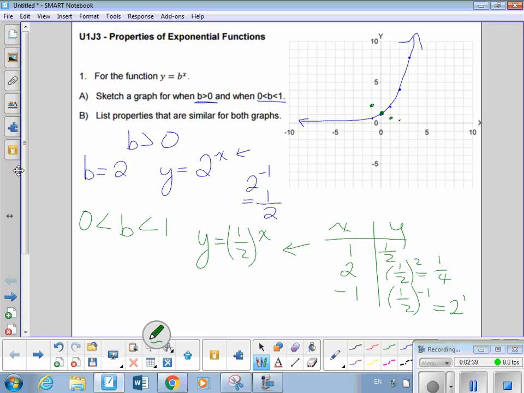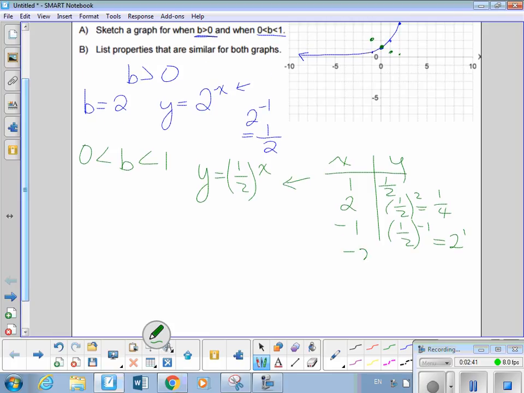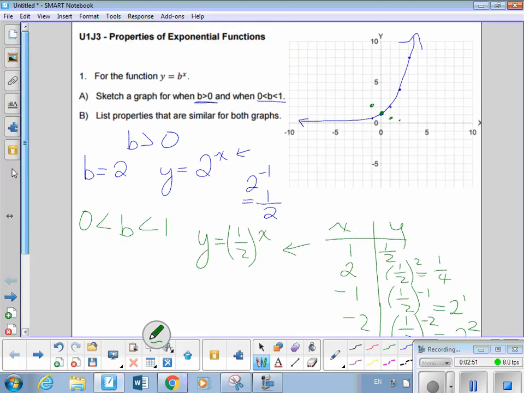The same thing is true if I put a -2. I would end up with 1/2 to the -2, which reciprocates the base, so it would be 2 squared, which is 4. I picked these on purpose because it's a mirror image of the blue graph.